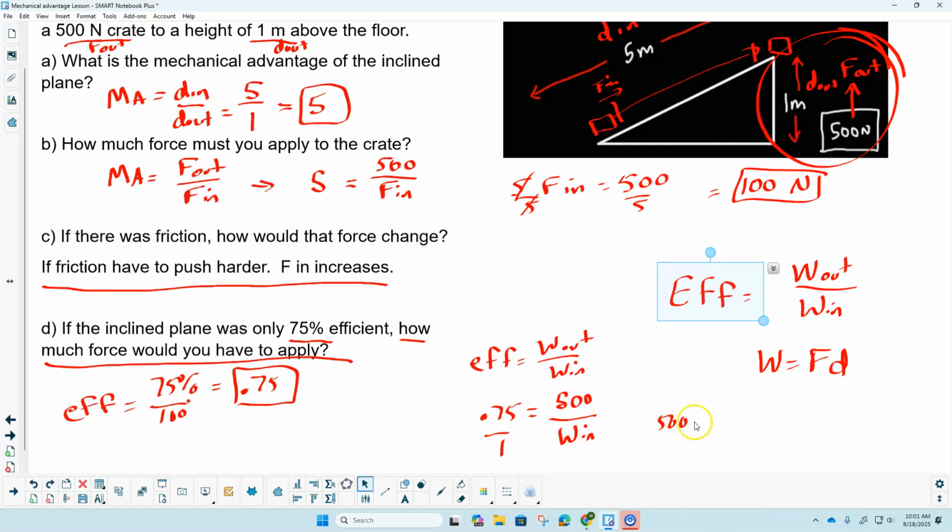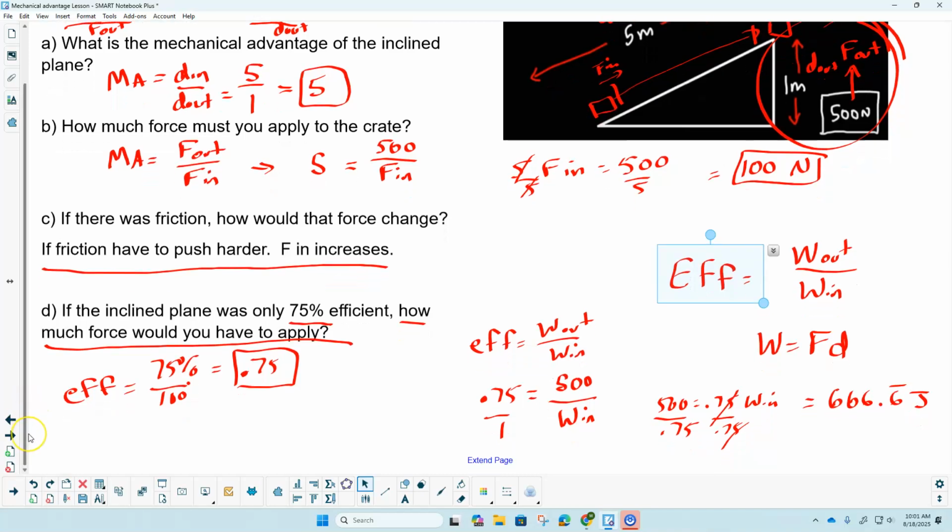So I have 500 equals 0.75 times work in. I divide by 0.75, just showing you the math along the way. So 500 divided by 0.75 is something like 666.6. So my work in is 666.6 joules, and I'm going to use this ramp still.